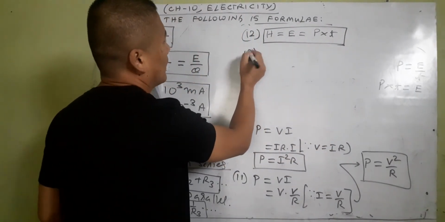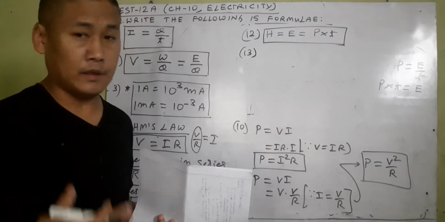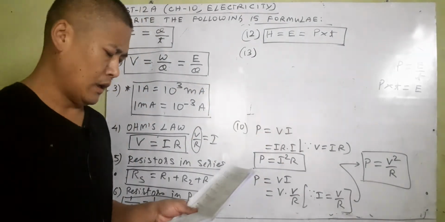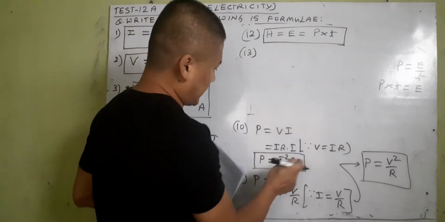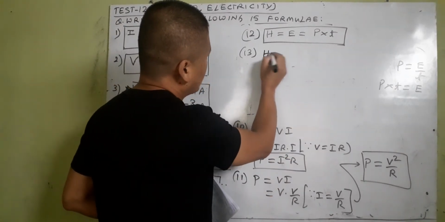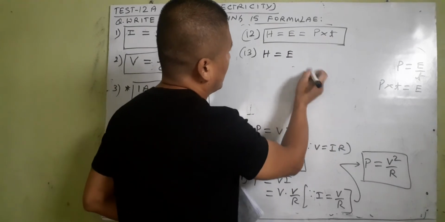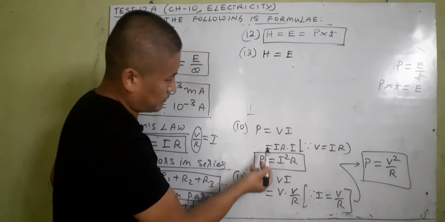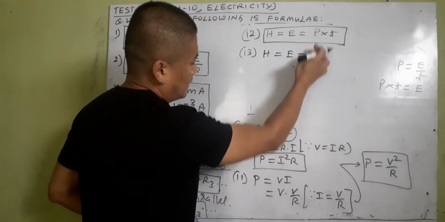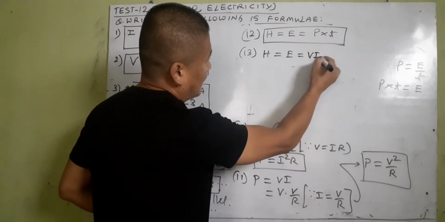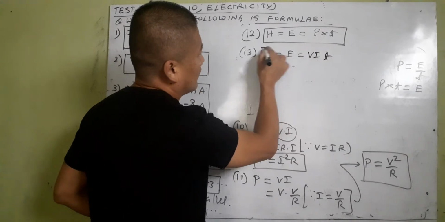Because heat is energy, energy is heat, and heat and energy are work. Next, H = E = P into T. P is here VI, and then T will be added, that's all.